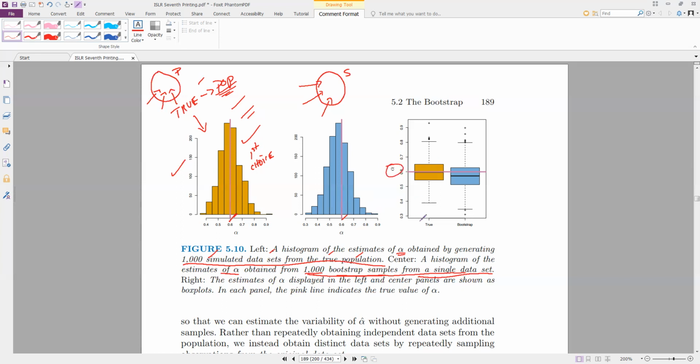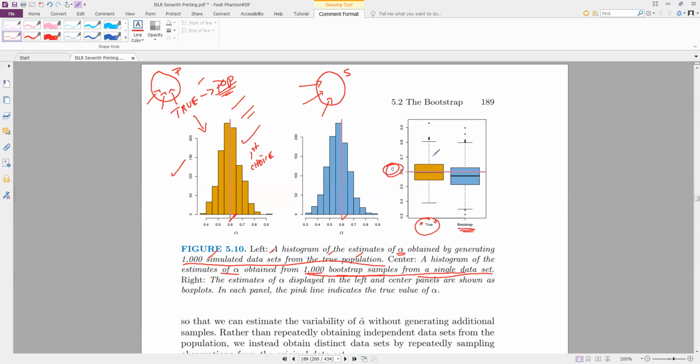There's the parameter, there's the truth. So true, and then you've got the bootstrap over here. You can compare the two and say, well, the bootstrap, okay, the median is a little bit lower here than the truth. There's the true value of the parameter.